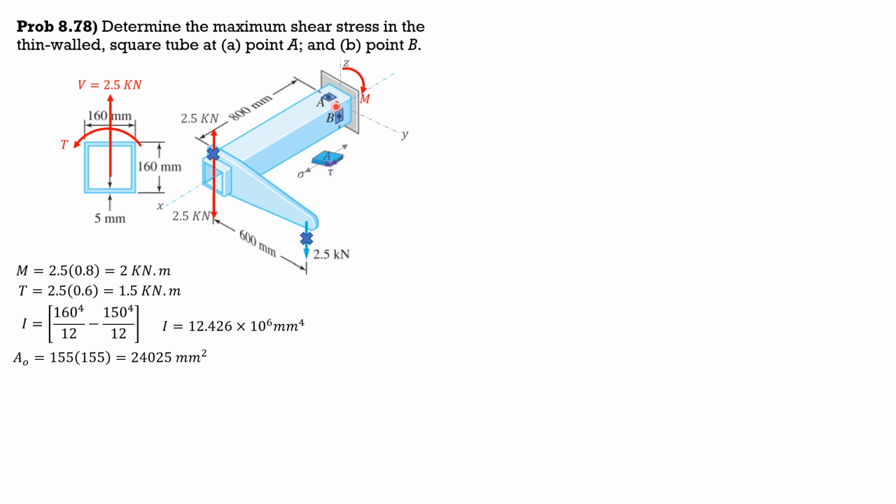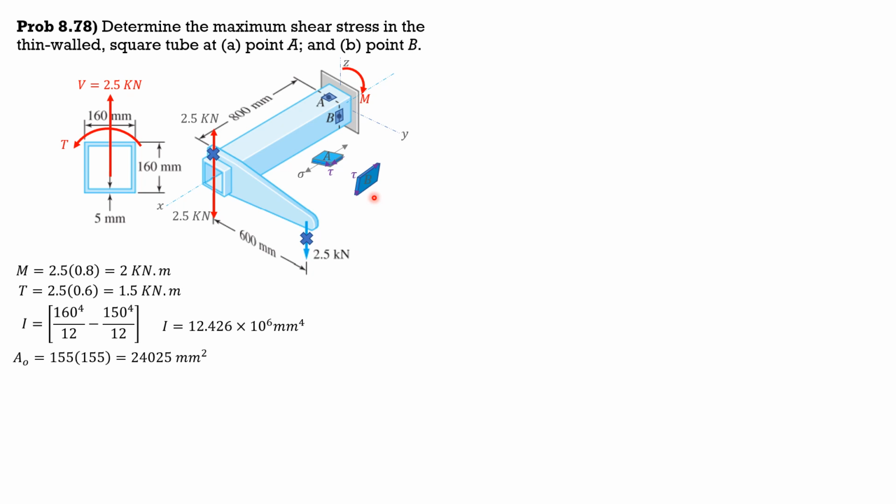And these are the elements through A and B. For A, it is subjected to bending tension, as shown, sigma normal, and shear, due to this torsional effect, because it is an outer surface.